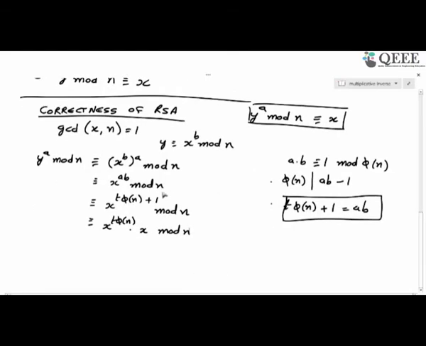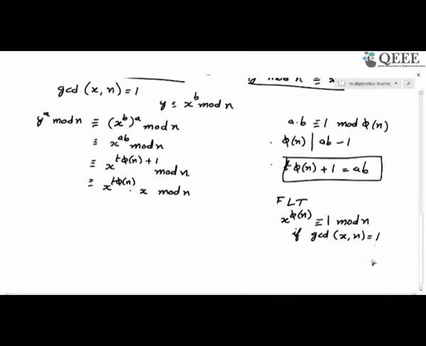Now let us look at our famous Fermat's little theorem again, which states that x to the power of phi of n is congruent to 1 mod n if the GCD of x and n is equal to 1, that is, x and n are coprime.